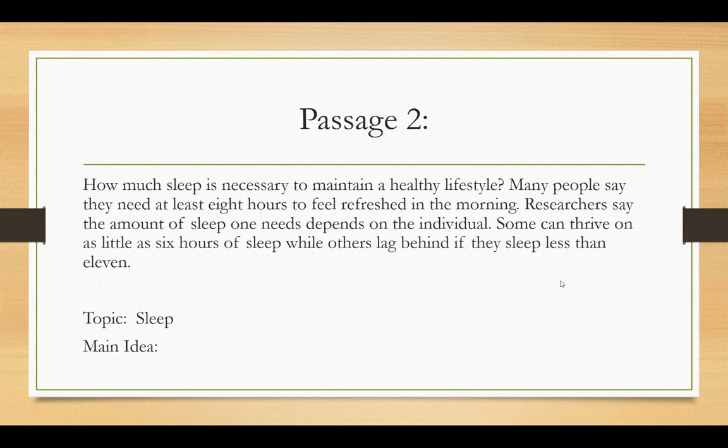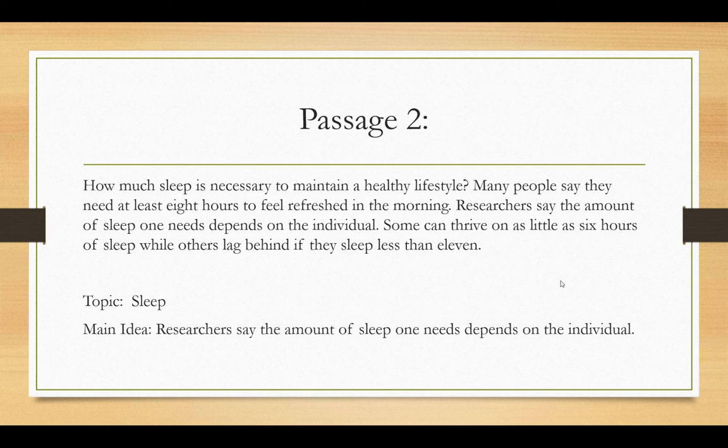So maybe we could construct a main idea from this passage as a sentence. Researchers say the amount of sleep one needs depends on the individual. And if you will notice, that particular sentence is taken directly from the passage. So again, the main idea is researchers say the amount of sleep one needs depends on the individual.